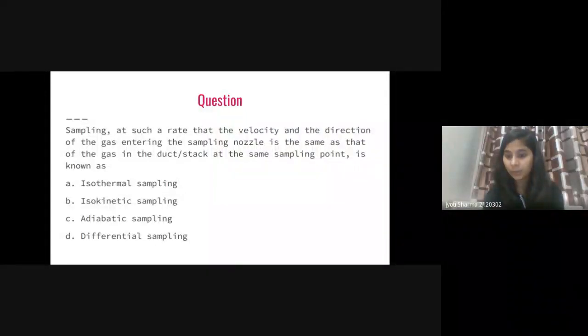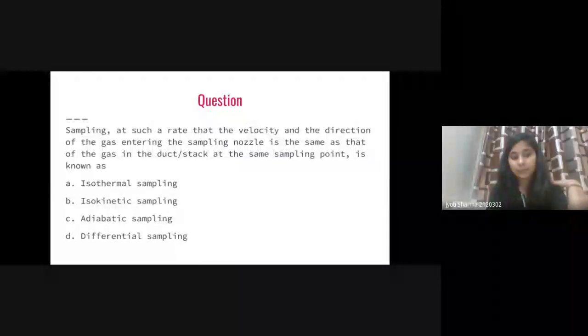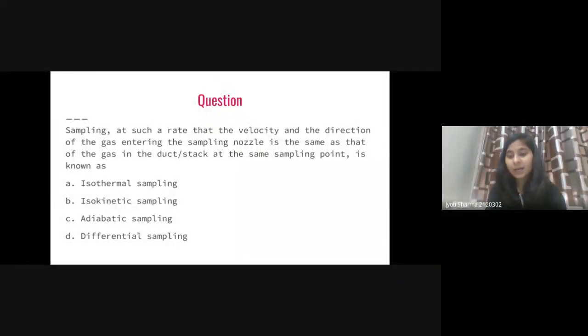Okay, B, Abdul B, Korea B, AS B, Alka, isokinetic means B. Yes, so this technique is known as isokinetic. Kinetic means the direction and the velocity.